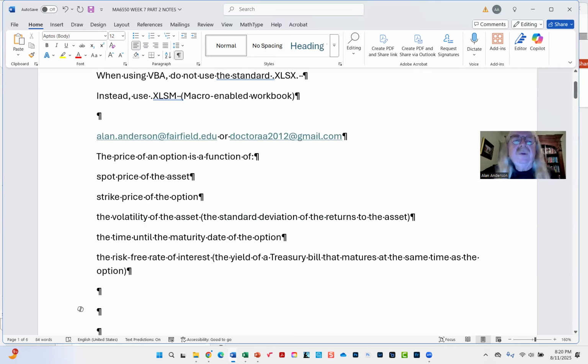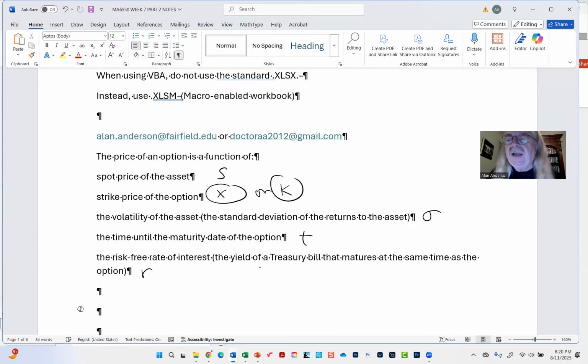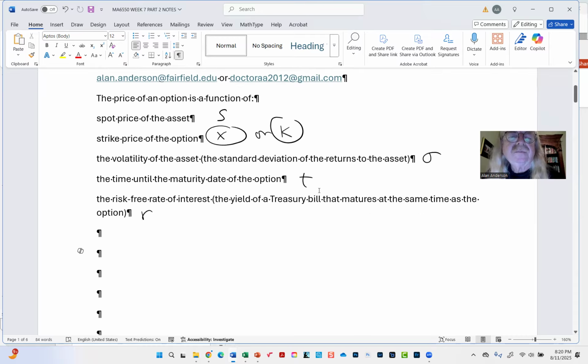Okay, so in the book or in the slides we typically use X, although sometimes we use K for this one as well. It depends on what part of the book we're in, what slides we're looking at, but X and K are often used interchangeably to represent the strike of the option.